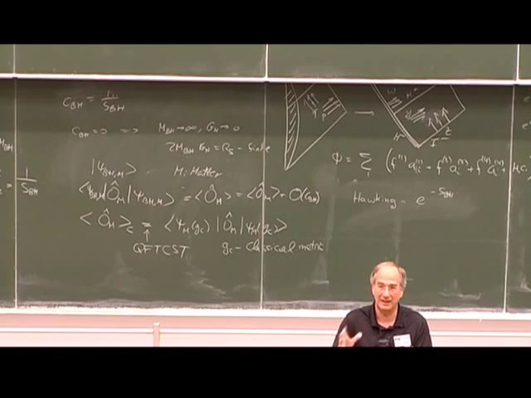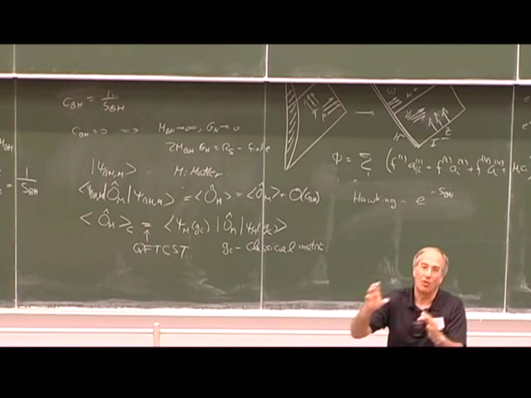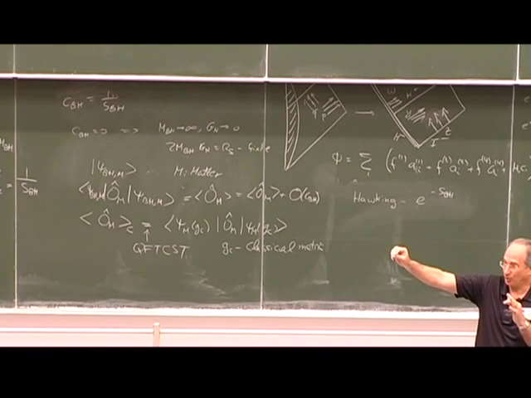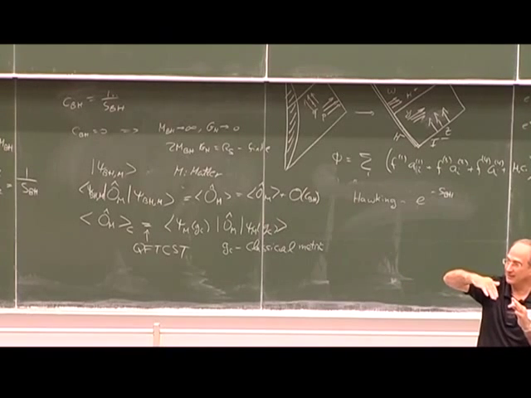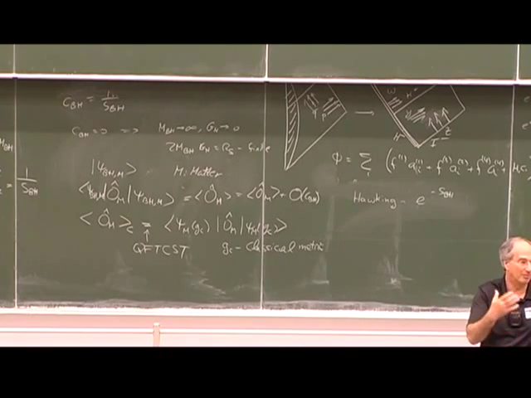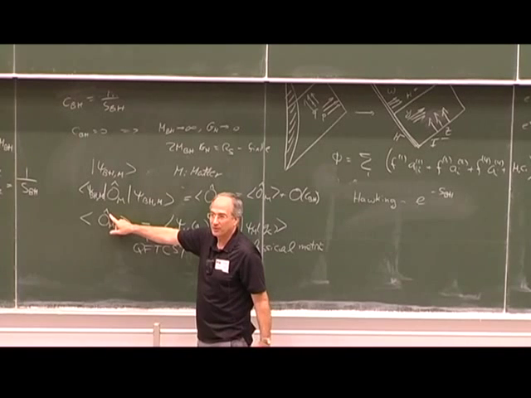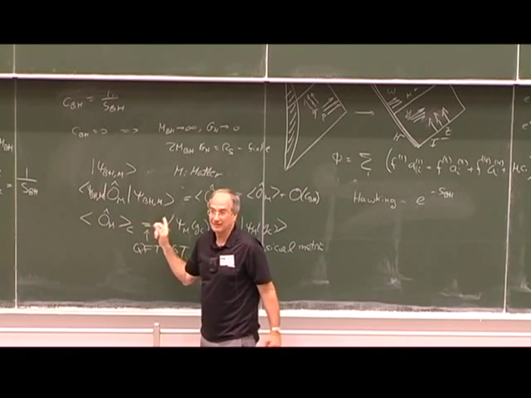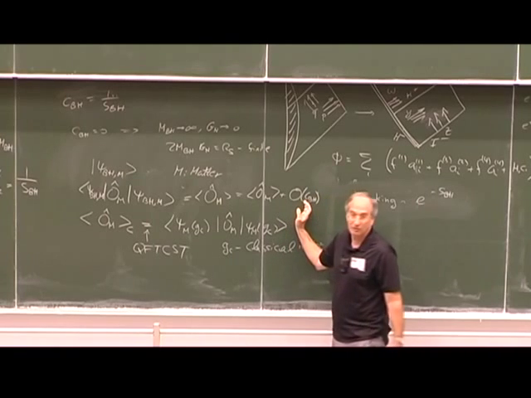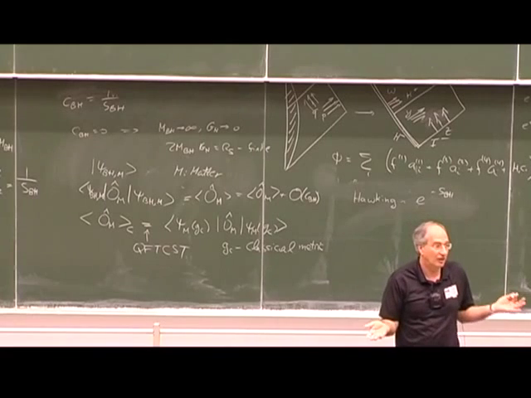Back reaction is usually when the quantum fluctuations of the source back react on the metric. But here, these are quantum fluctuations of the metric, or the background, that affect the expectation values of matter operators. And now, typically, this is very small, so it shouldn't make that much of a difference in general.